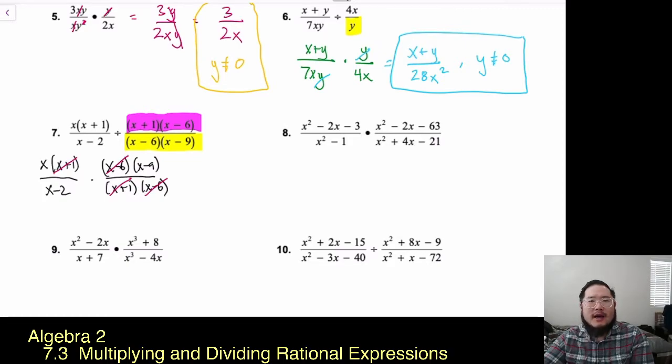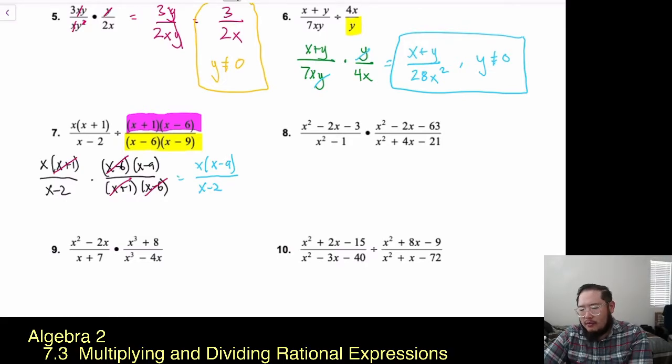And so we'll end up having issues when we multiply by the reciprocal. So now that we did that, I can start combining things together. In this section, unless they ask you to condense everything, let's leave everything factored out. And that right there, x times x minus 9 over x minus 2 is your answer.